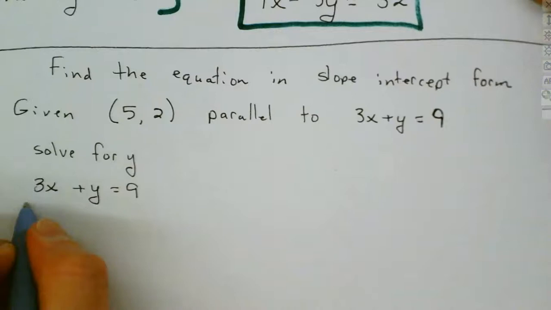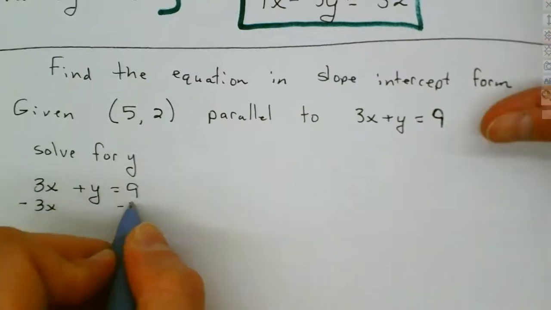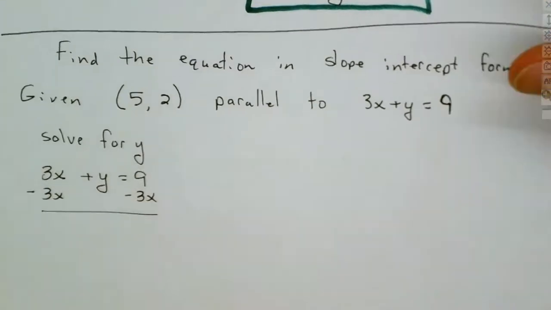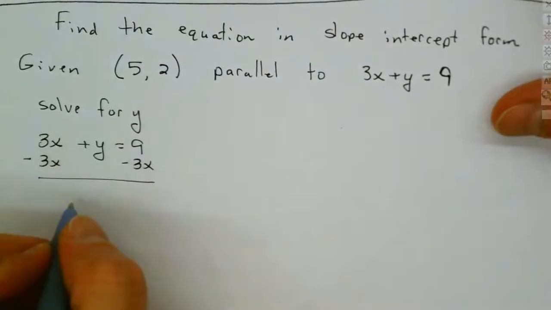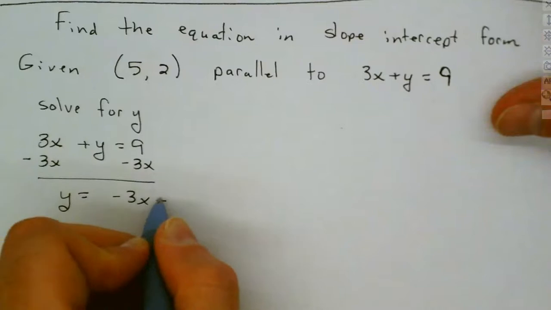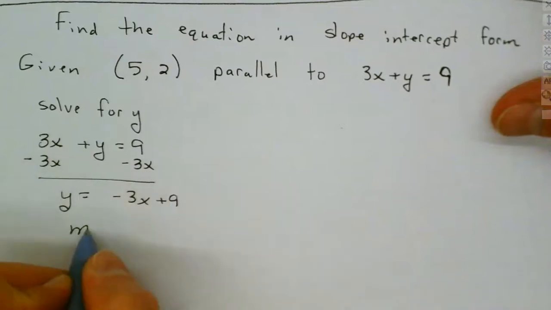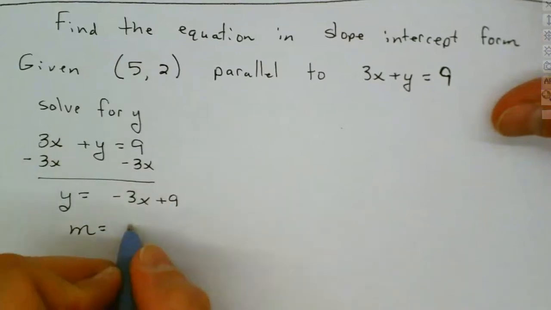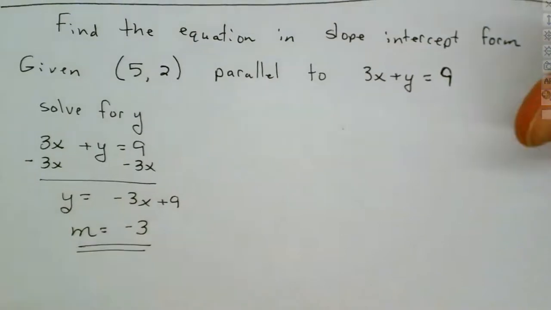So I'm going to move that 3x over. And that leaves me then with y equals a minus 3x plus 9. And what's my slope? Negative 3. Am I going to change my slope at all?